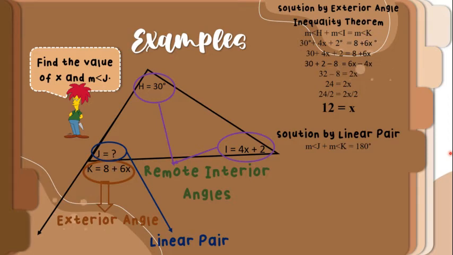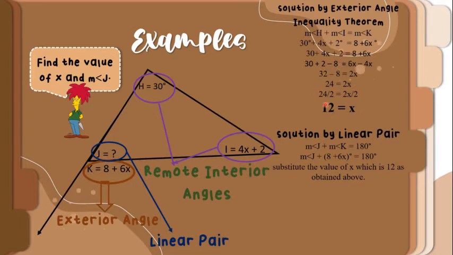And now, let us substitute the value of angle K. Angle K is 8 plus 6x degrees. Now, we are going to substitute the value of x, which is 12, as obtained above.